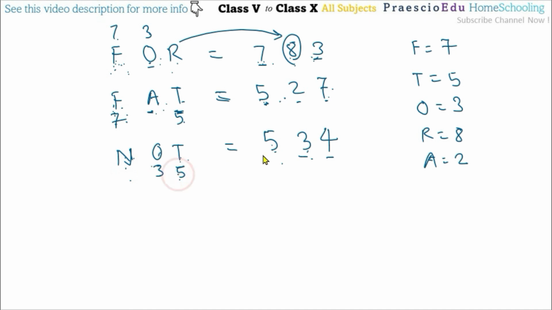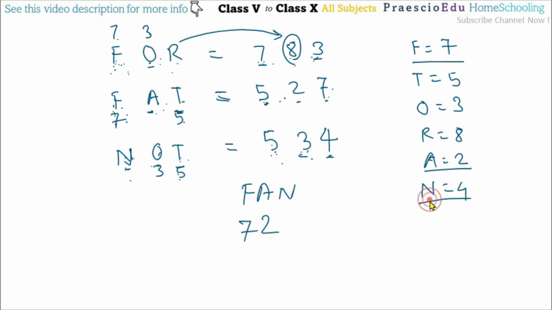So 3 and 5 we already got, 4 is balance and here N balance, means we can say N is equal to 4. Now we got F value, A value, and N's value. So FAN is equal to F as 7, then A as 2, and N as 4.